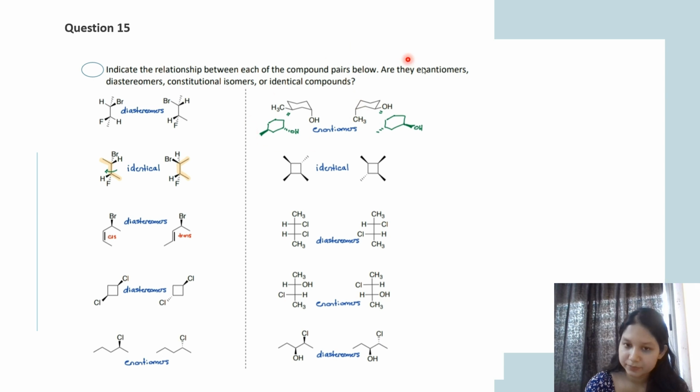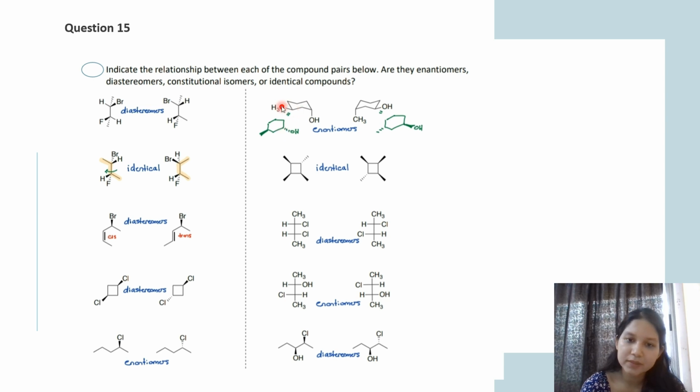Similarly, for this pair also, you are given the cyclohexane conformations of these two compounds. You have to simply convert them to the planar geometry of the cyclohexane and place the substituents according to above or below.